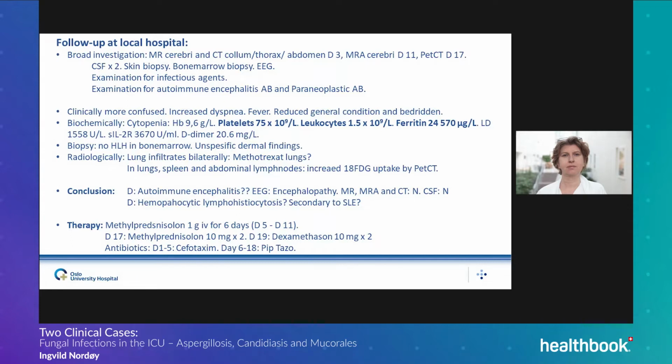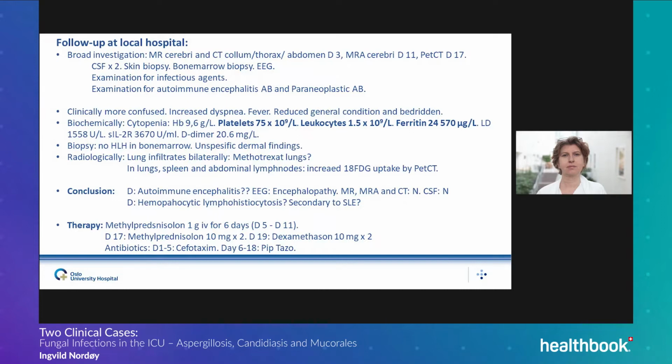So they started her on methylprednisolone. She was given 1 gram for 6 days. And then they had a 6-day stop. And then they started her again on 10 milligrams twice daily. And then on day 19, we were contacted, and she was switched to dexamethasone, 10 milligrams twice daily, which we usually use when we're treating the HLH.